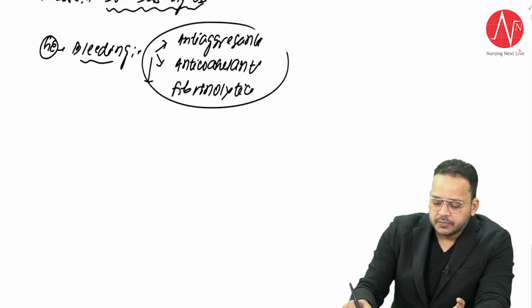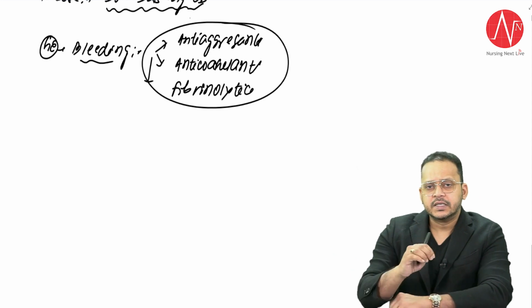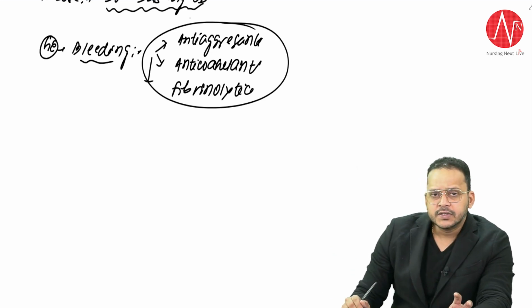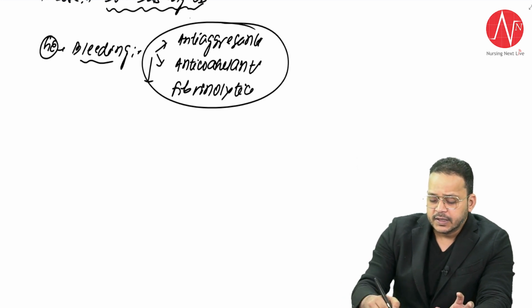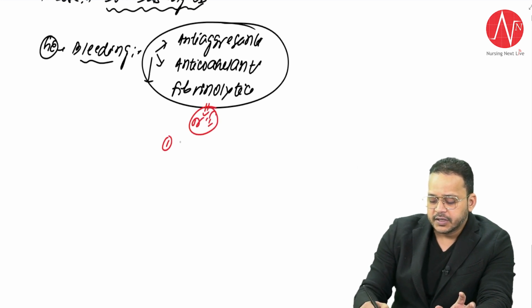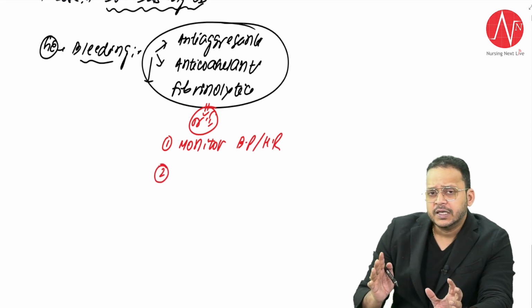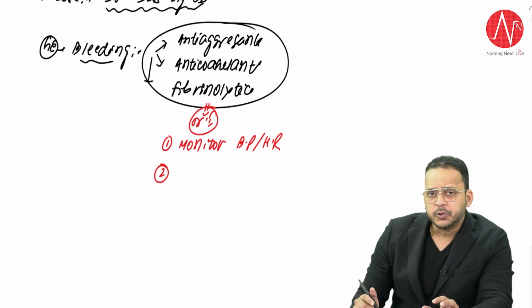So pretty much all the drugs that we are going to discuss in this section, be it anti-aggregants, anticoagulants, or fibrinolytics, all of them can cause bleeding. So there is an important nursing implication. And the nursing implication is number one, guys, you need to monitor the blood pressure and heart rate, right? Because a decrease in blood pressure or increase in heart rate would be a signal that the patient is going into hypotension due to bleeding.